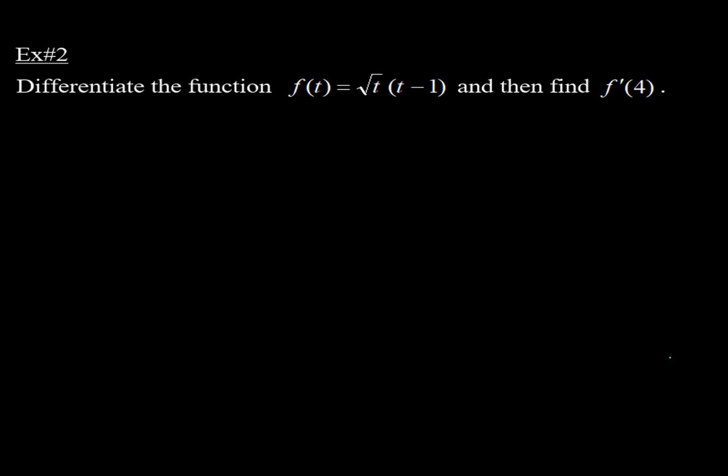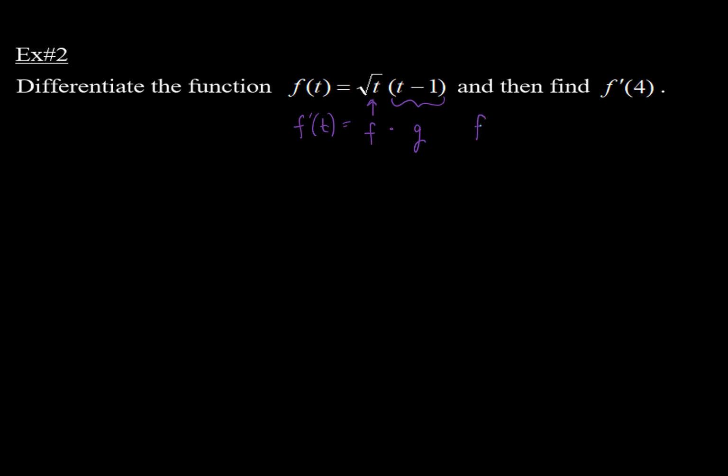All right, for this example, let's differentiate the function using the product rule, and then let's find the derivative value at 4. So I'm going to think of this f of t, where the first function is f, and the second function is g. So this f prime of t, think of that as f times g.